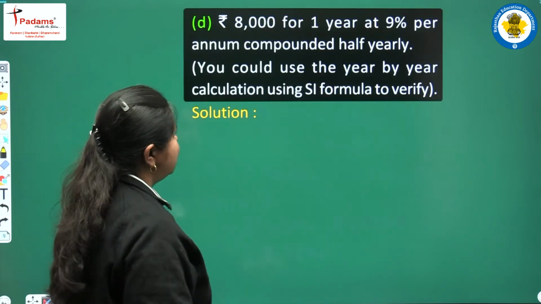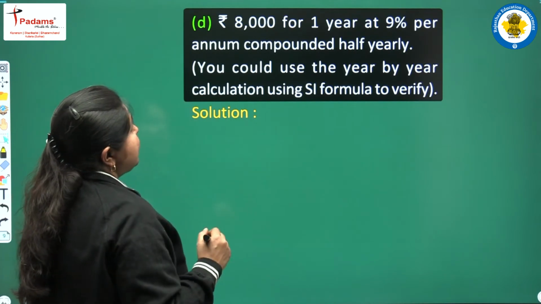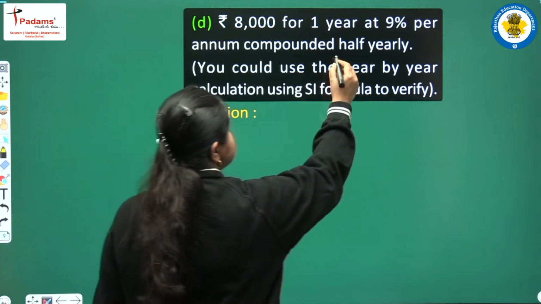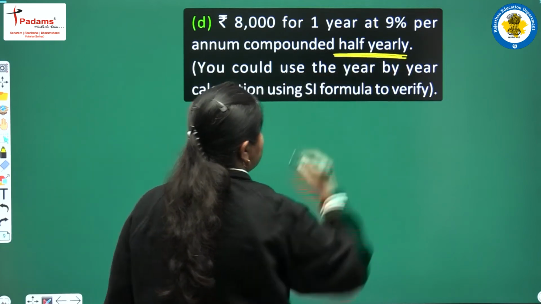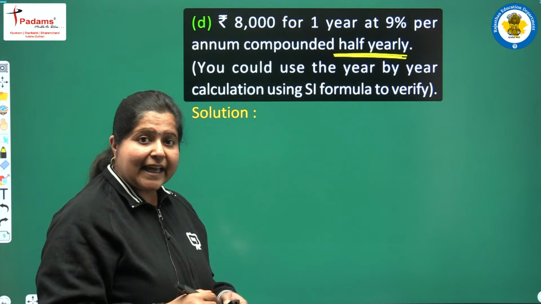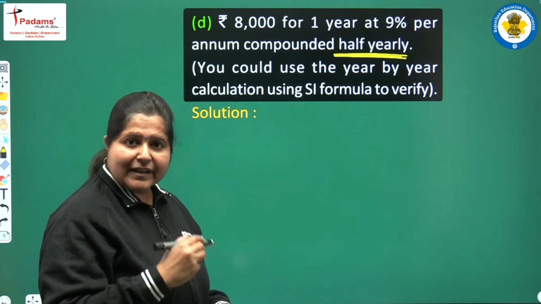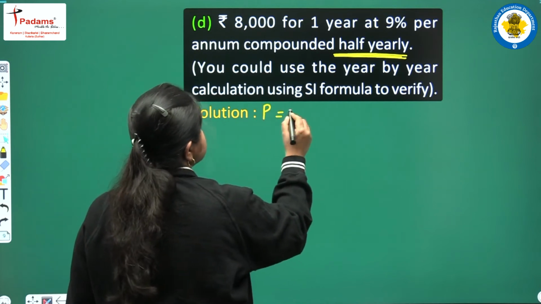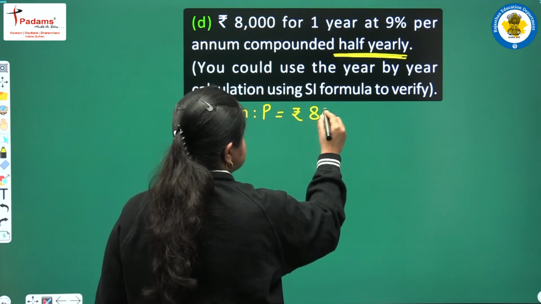Next we have D part, rupees 8,000 for 1 year at 9% per annum compounded half yearly. Again it is the case of half year computation, and again we will first get the half of the rate and the double of the time. Let us write. P is rupees 8,000.